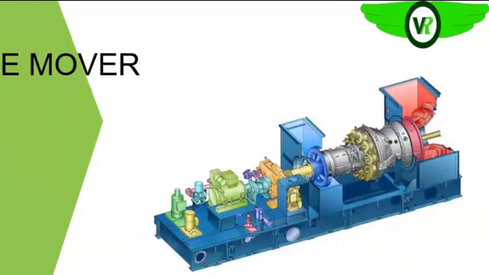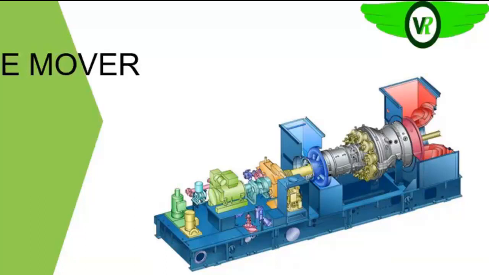If you look at the configuration of the gas turbine, you will see that it has three sections: a compressor section, a combustion section, and the turbine section.